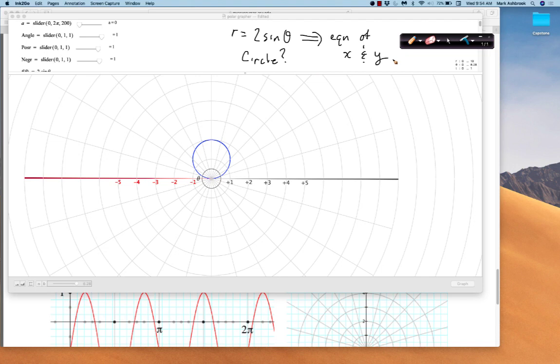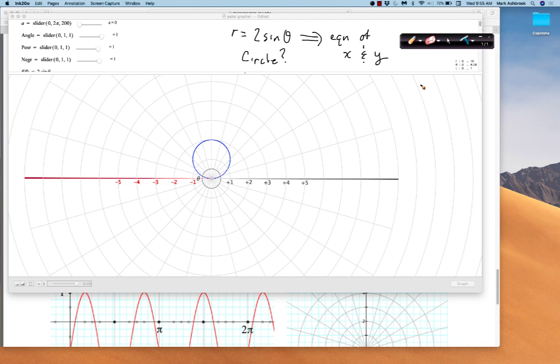If we had an equation of x and y that we know is the equation of a circle, then that would be mathematical proof. Just looking at it and saying, oh, it looks circular, so therefore it's a circle, that's not really deduction, that's like induction, right? That's just kind of guessing. So how can we get an equation of x and y out of that?